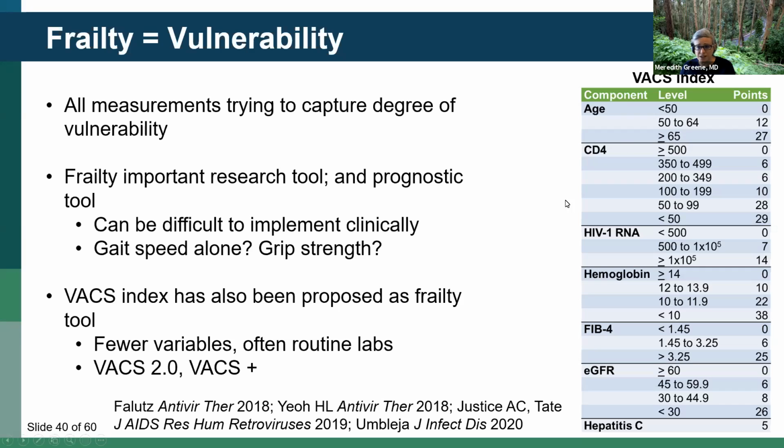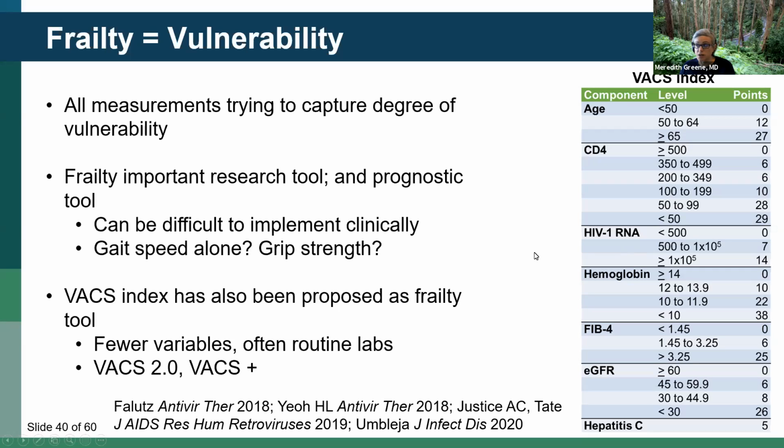The VACS index, which is shown here, has also been proposed as a frailty tool, has been associated with fragility fractures, hospitalization. It is a prognostic index. It does have fewer variables than, say, the frailty index itself. And this is the older version, this is not VACS 2.0. So maybe it's VACS plus something else.